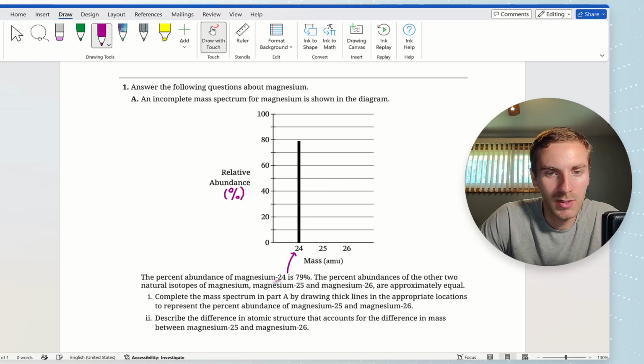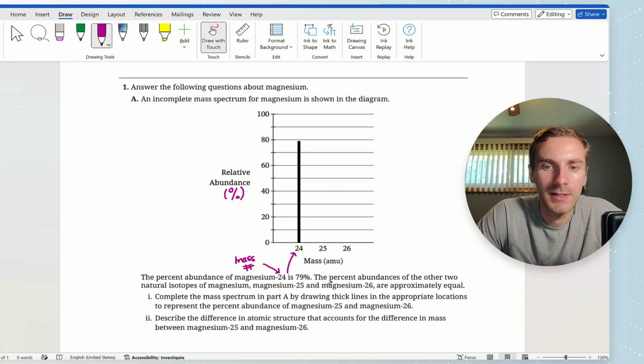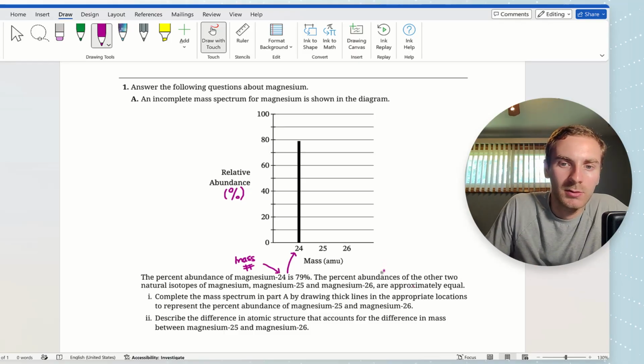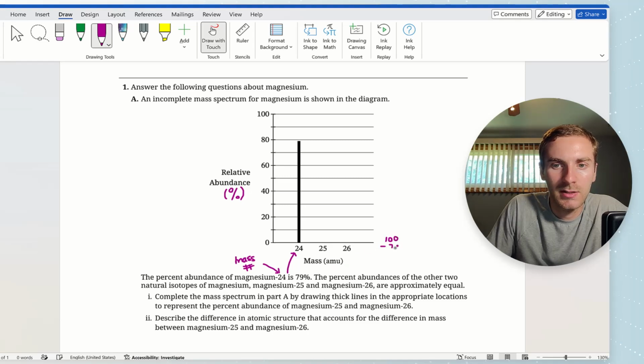Remember, when it's written like magnesium-24, that means that 24 is the mass number. And then it says the percent abundances of the other two natural isotopes of magnesium, magnesium-25 and magnesium-26, are approximately equal. So that means the remaining is 100 minus 79, which is 21.